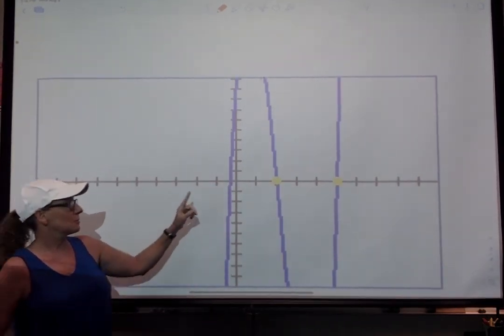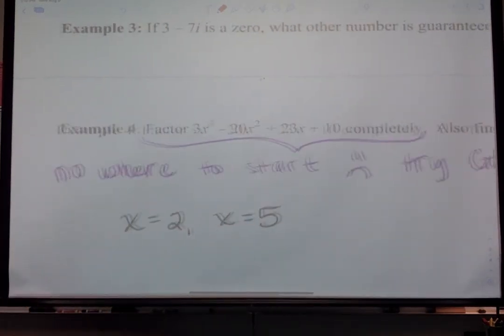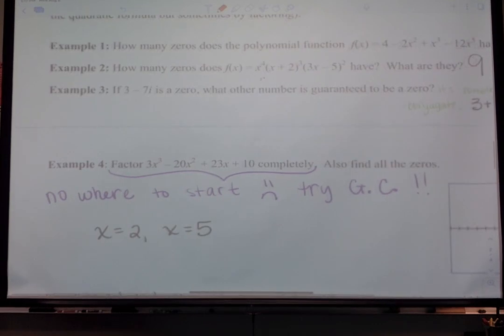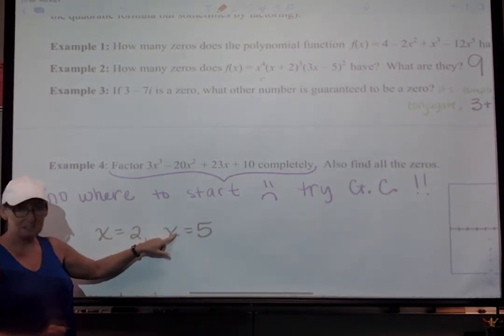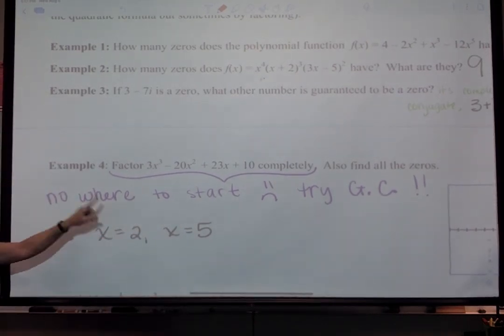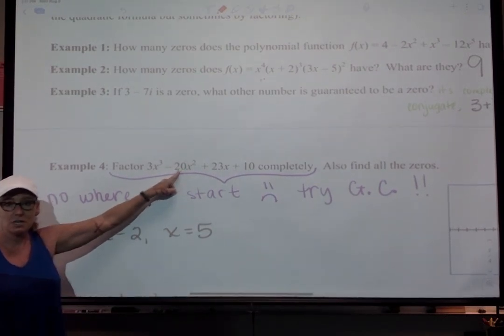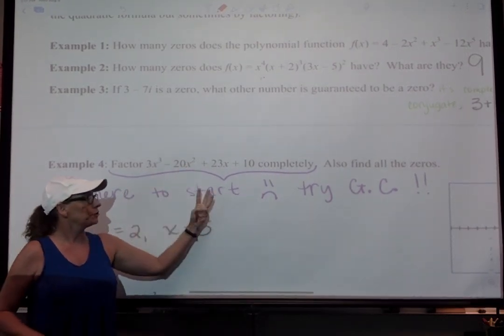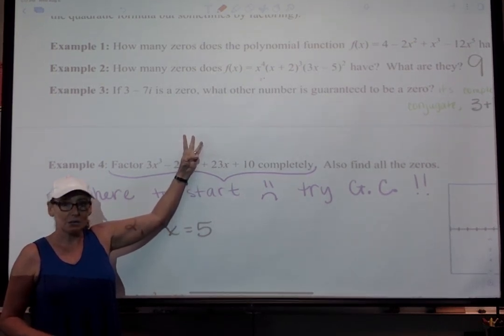So what I'm going to do is grab one of these nice zeros. I've got 2 nice zeros. Grab one. Doesn't matter which one. I think I'll grab the 2. Grab the 2, send it through synthetic division. When you send 2 through a cubic with synthetic division, what are you going to get as a result?